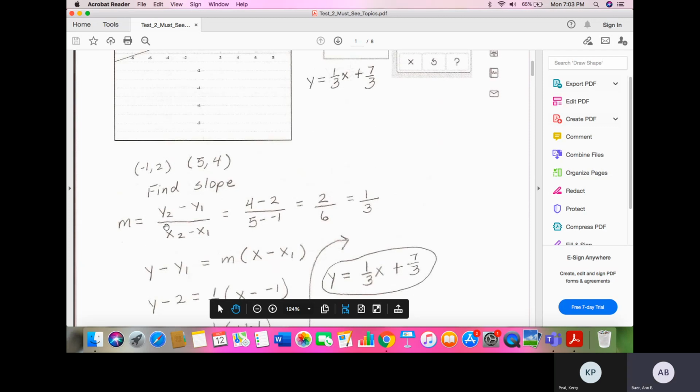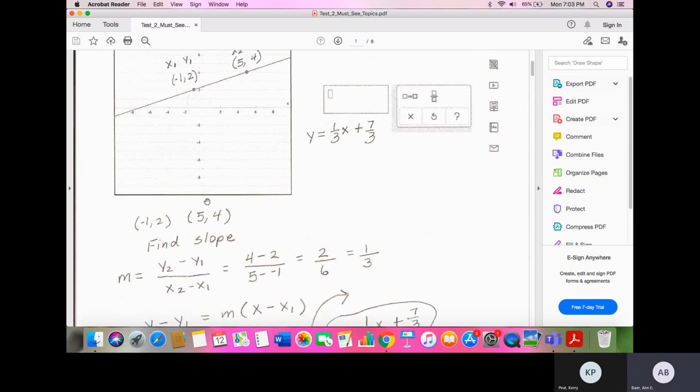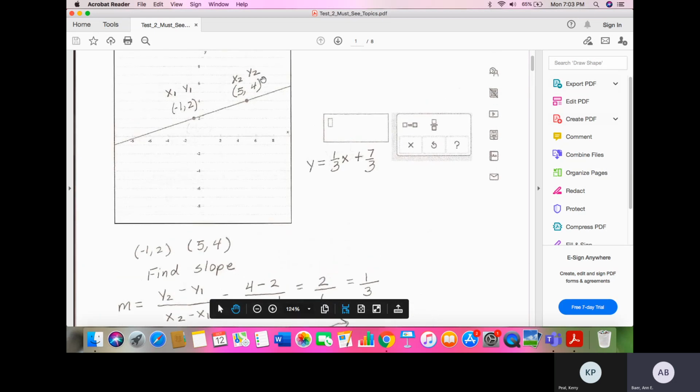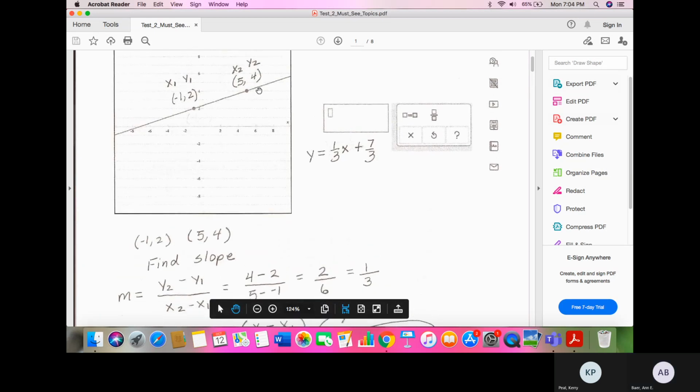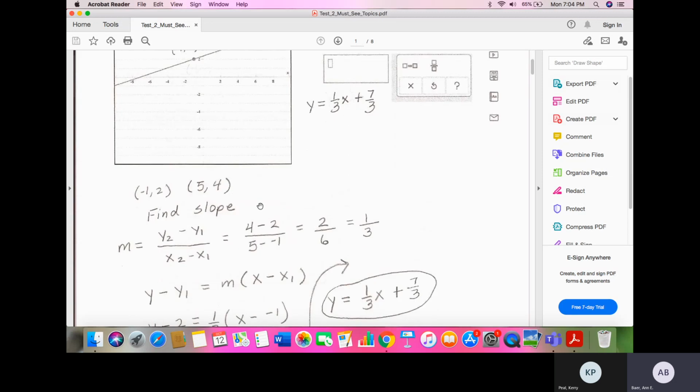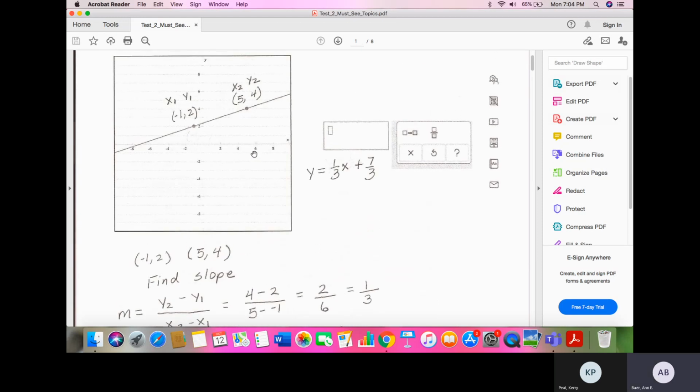M for slope equals Y2 minus Y1 over X2 minus X1. So I labeled the coordinates up here. So Y2 is this 4 right here. So I put in 4 for Y2. And then minus Y1. Y1 is right here, 2.